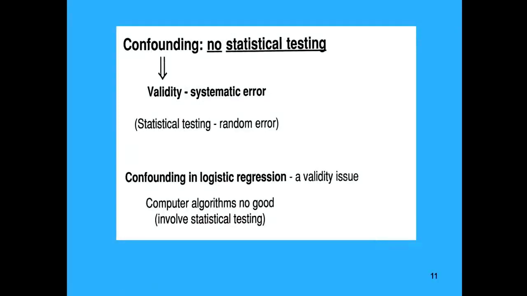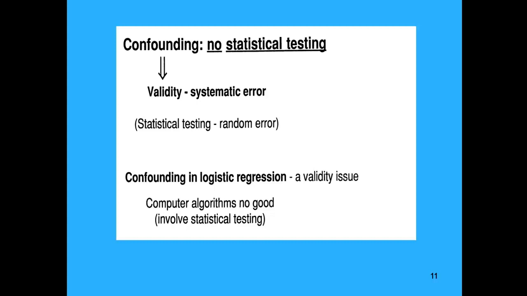We're going to get more specific here, but one thing about confounding. When you learned about confounding in 530 and 534, and you learned how to assess confounding, you didn't do statistical testing for confounding, right? Why didn't you do statistical testing? Because confounding is a validity issue. It has to do with getting the right answer.